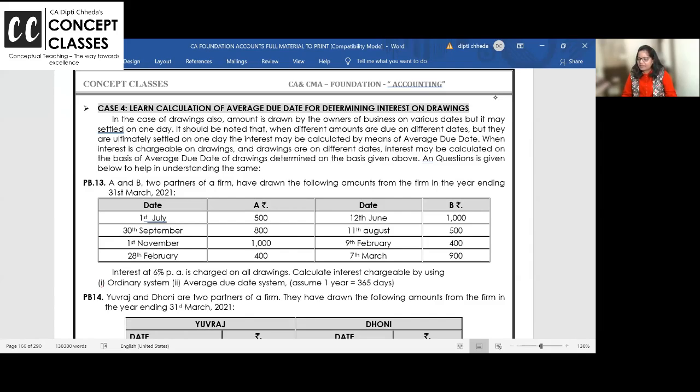It should be noted that when different amounts are drawn on different dates, but they are ultimately settled on one day, interest may be calculated by means of average due date. When interest is chargeable on drawings made on different dates, interest may be calculated on average due date on the basis of the above. Okay, right?